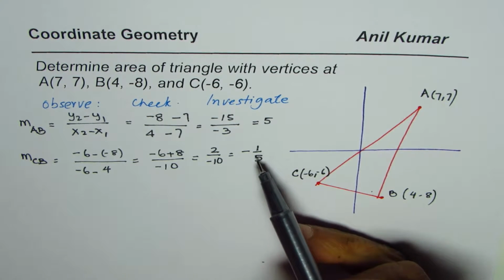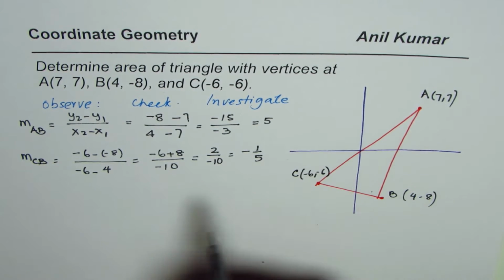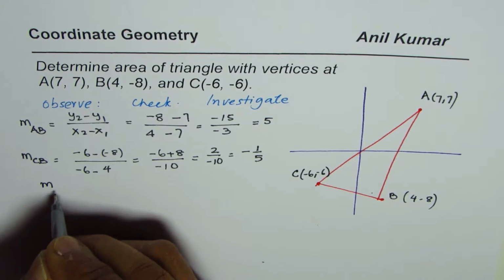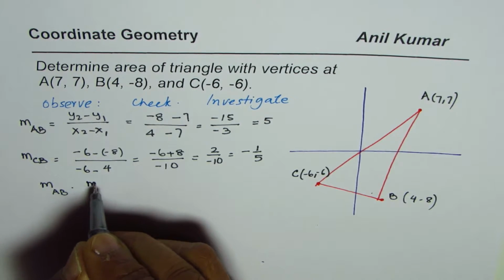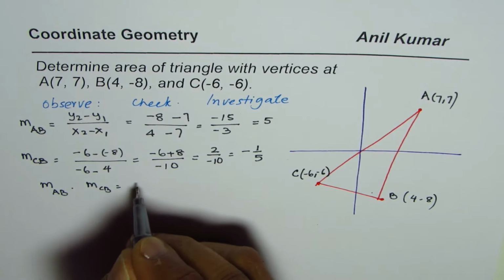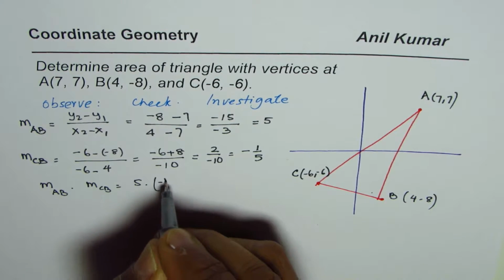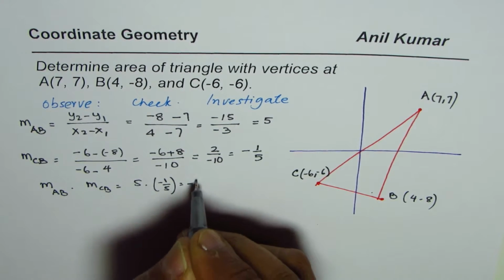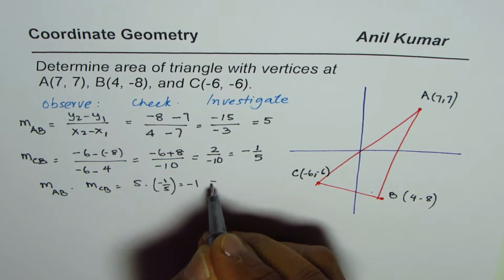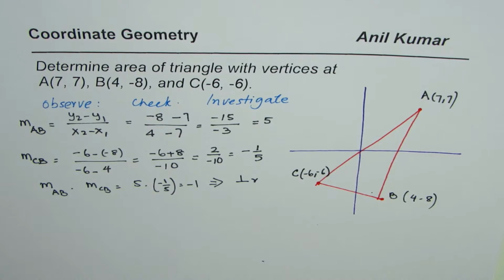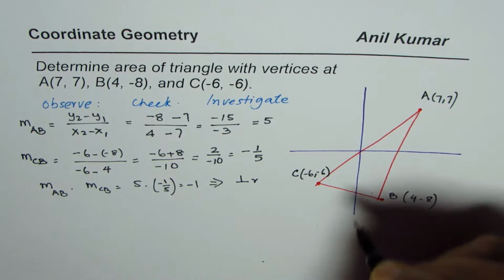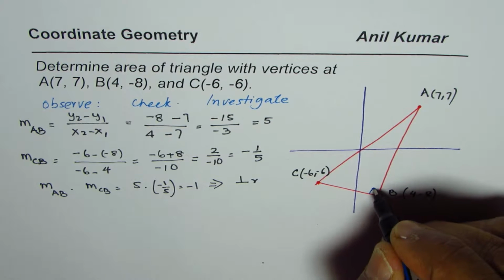When you multiply these slopes, you get negative 1. They are negative reciprocals. So the slope of AB times the slope of CB is 5 times -1/5, which is -1. That results in perpendicular lines. So now we know that these two lines are indeed perpendicular, at right angles.